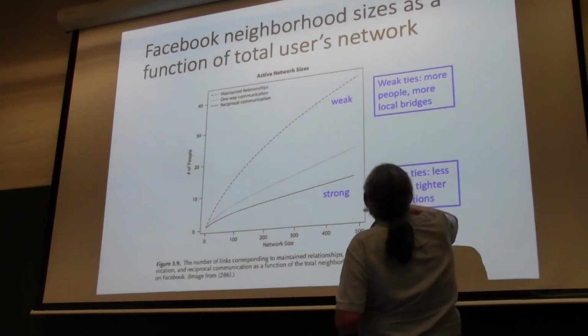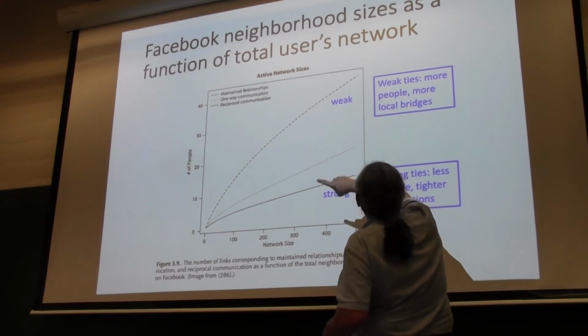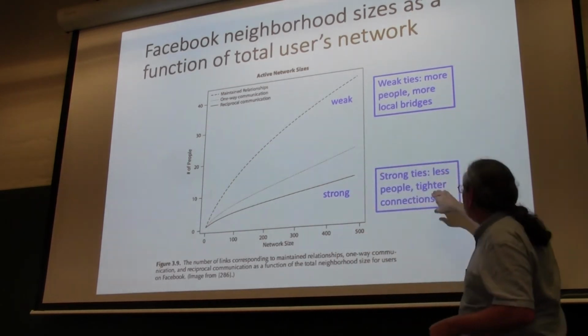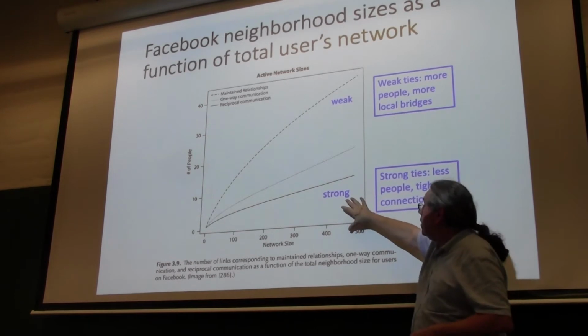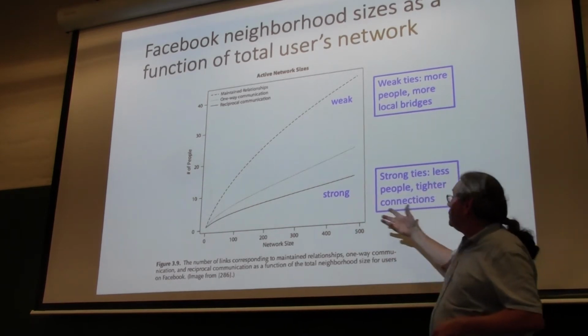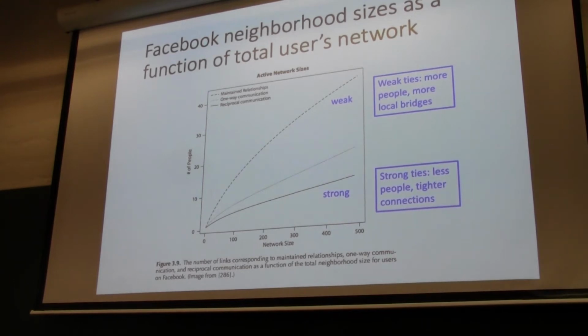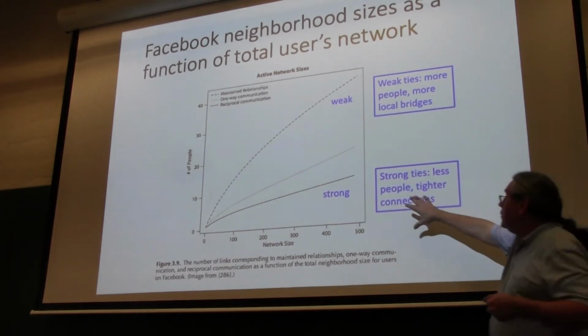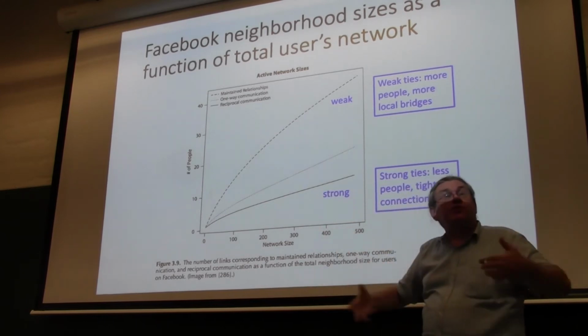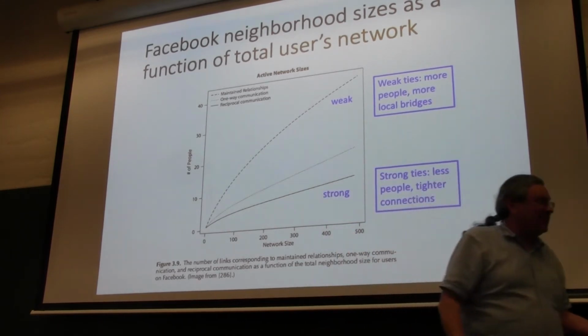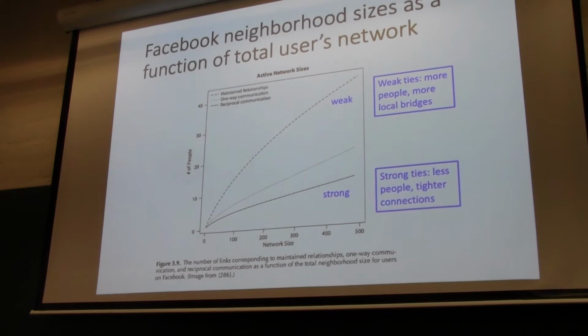So with the weak ties, there are more people, more local bridges. With the strong ties, you have fewer people, and the connections are tighter. The neighborhood overlap is greater here. So again this is going in the same direction as Granovetter.